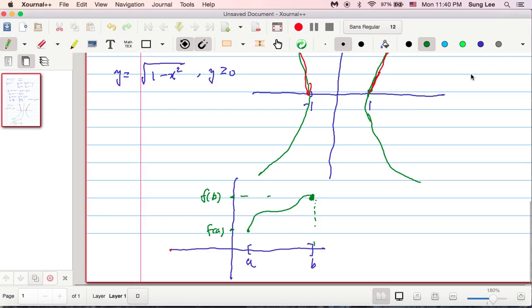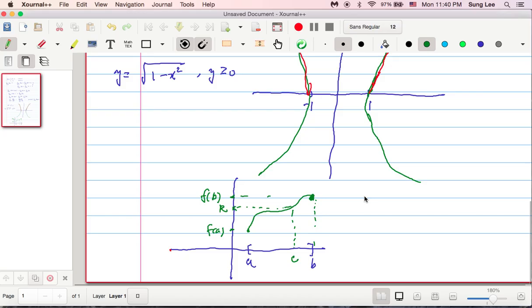In this case, you pick any number here, let's say k between f of a and f of b. You can always find a value c between a and b such that f of c is k. That's obvious from the picture.